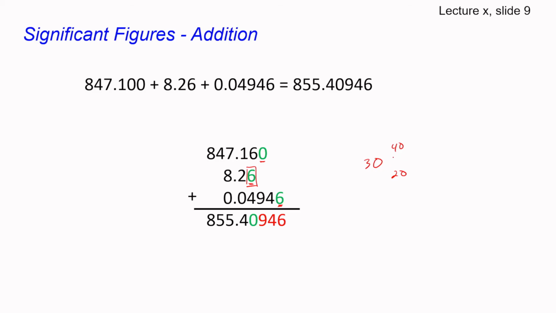So if you add 1 to that, we're still going to leave it as is. It's not significant enough. The uncertainty is smaller. So we're going to keep the largest uncertainty, and then we're going to take the next number and round it up. So our answer here would be 855.41 when we added these together. Apparently that's a 6.